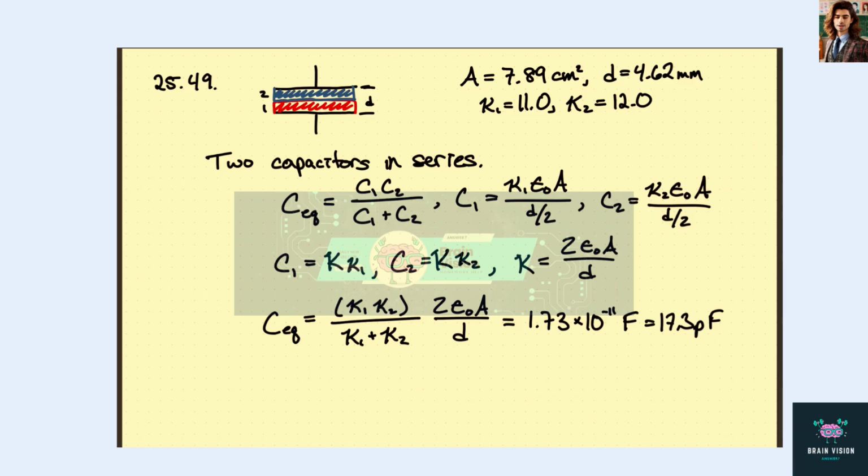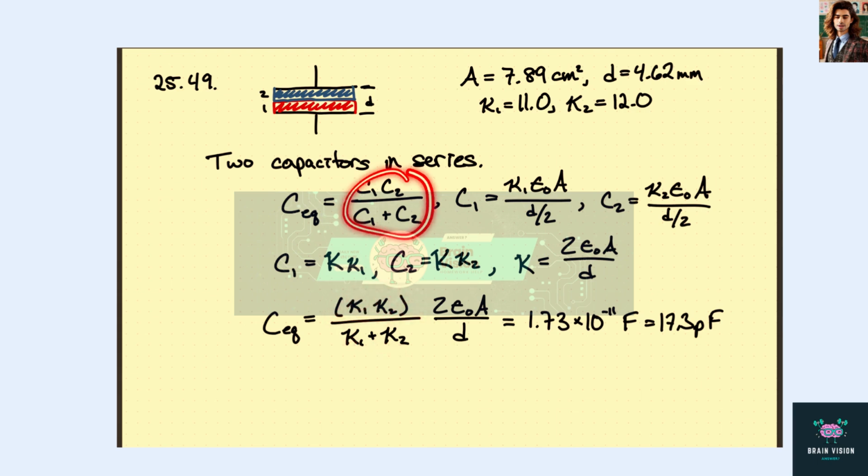We can factor out a capital K here, and just call it that, right? Everything in this is the same in both cases. So really all we're going to do is plug these into here and do a little algebra, and we wind up with the equivalent capacitance being kappa 1 times kappa 2 all over kappa 1 plus kappa 2.